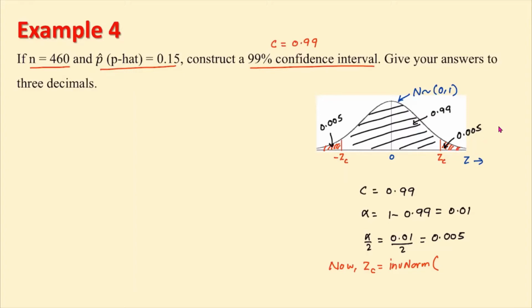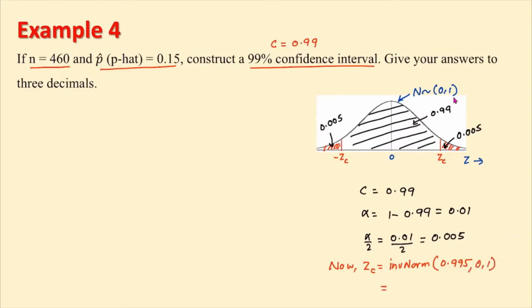Area on the right is 0.5%, so area on the left will be 99.5%, or 0.995. In other words, to find the area on the left of Z critical, you add the area in black, which is 0.99, plus the area in red, which is 0.005. That will give you 0.995. And then the mean is 0 and standard deviation is 1.